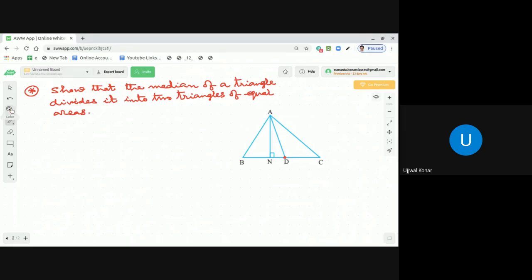Let me prove it in a different color. Let ABC be the triangle, and AD be one of its medians.